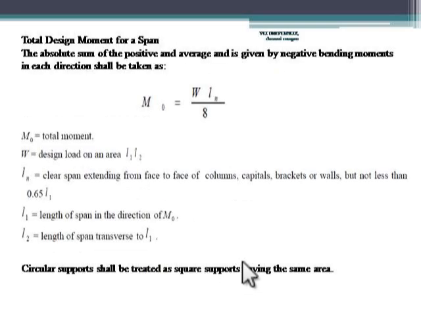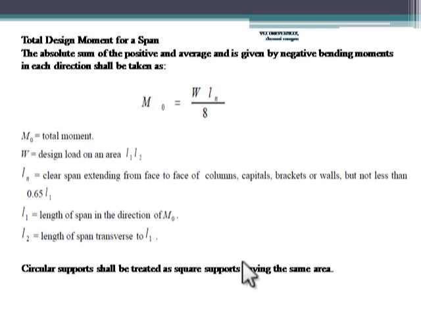Now we have to find total design moment for our span. The absolute sum of positive and negative bending moment in each direction shall be taken as MO equal to W Ln by 8.